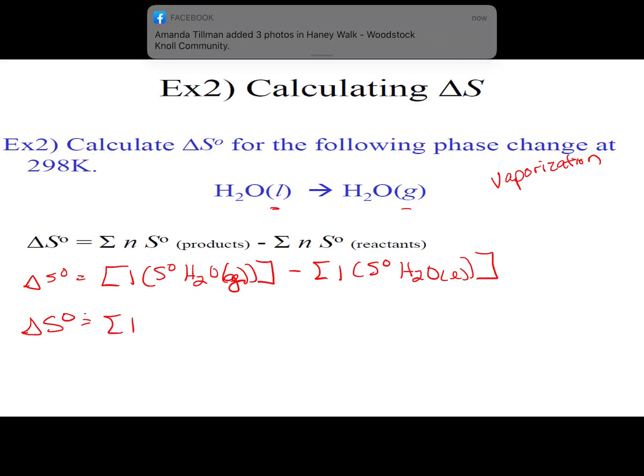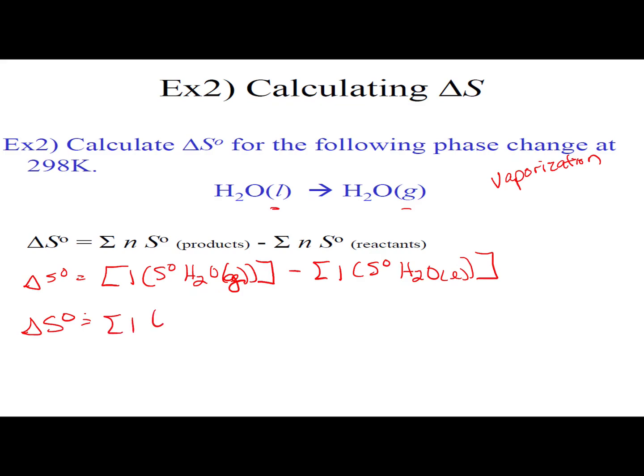And the delta S then is 1 times 188.72. That's our product, our gas, minus 1 times the entropy of our liquid, which is 69.94.